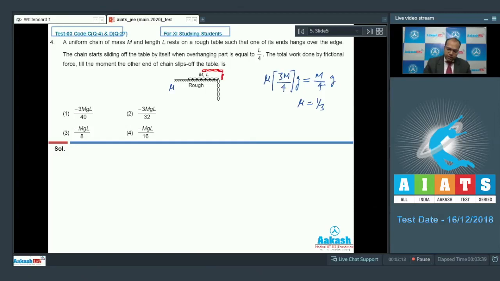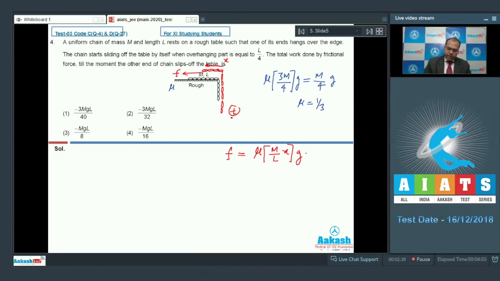Suppose the length of the chain which lies on the table is x at any time t. So this is x. At this moment the friction acting on the chain is F equal to mu into m by L into x, that is the mass, into g. This is the frictional force acting on the chain in this direction.